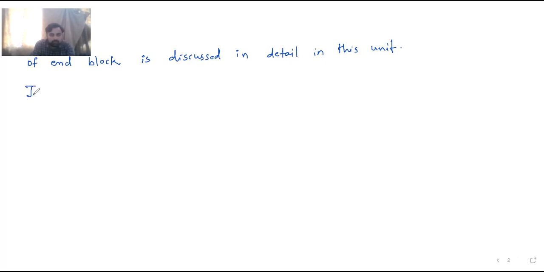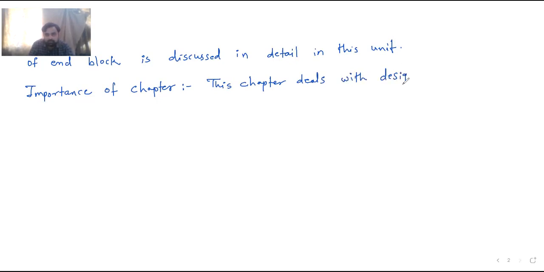Then the importance of the chapter. This chapter deals with design procedure and standard design as per IS code consideration.